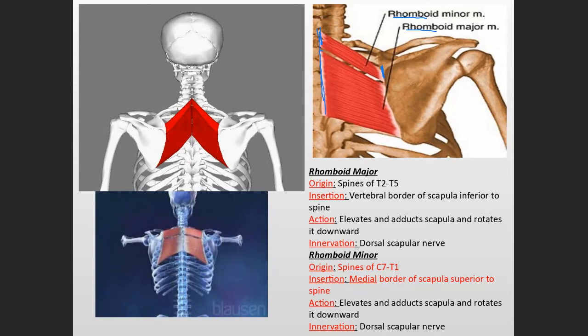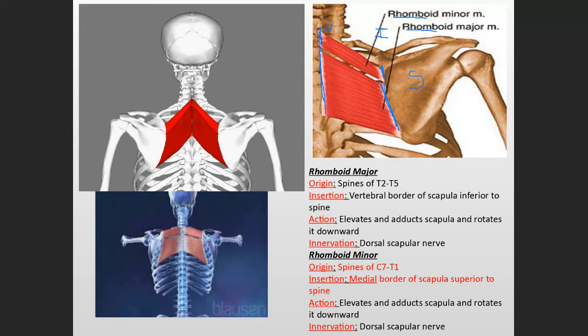It's going to insert along the vertebral border. We call this either the medial border of the scapula, remember this is the scapula, or the vertebral border, where it's facing the vertebra. So this is the origin, this is the insertion.